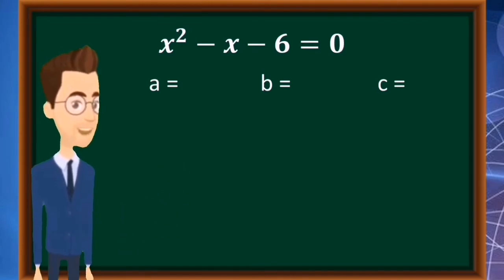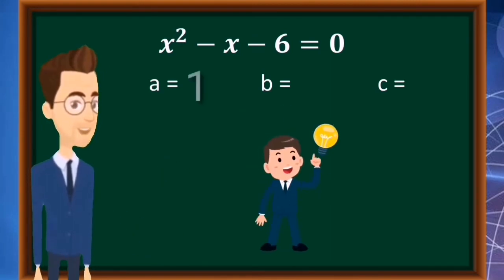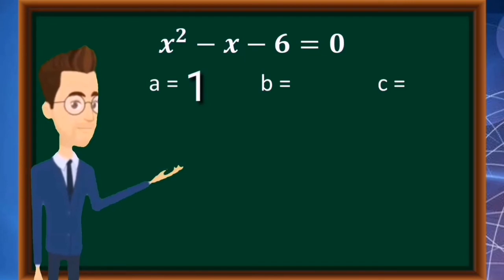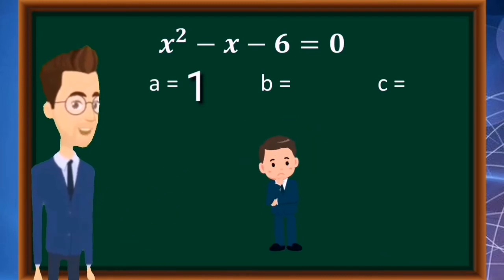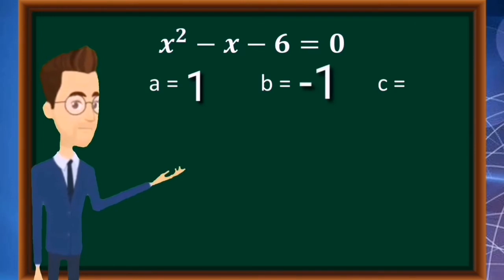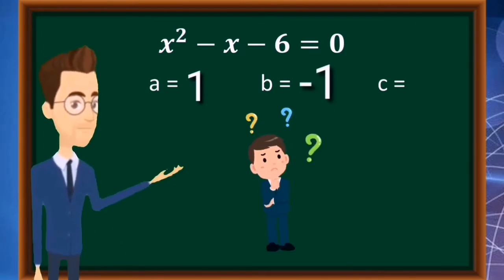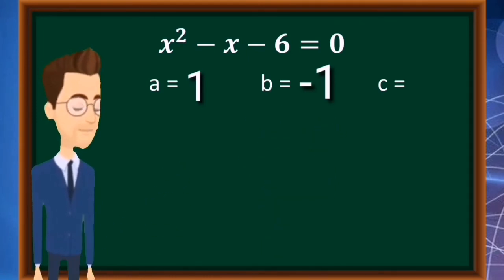In the given quadratic equation, what is the value of a? Very good. A is equal to positive 1. How about the value of b? Correct. The value of b is negative 1. And how about the value of c? Very good. The value of c is negative 6.